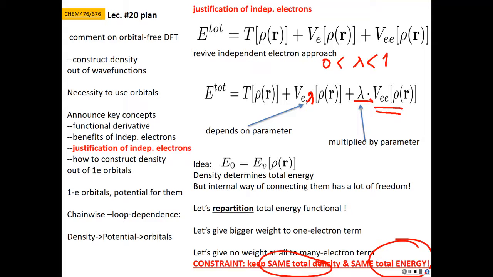But we are accumulating this total energy only as a summation of kinetic energy plus electron-nuclear interaction with subscript lambda. Subscript lambda means it is not the true electron-nuclear interaction from the real world. It is some electron-nuclear interaction from a parallel world, from the auxiliary world.